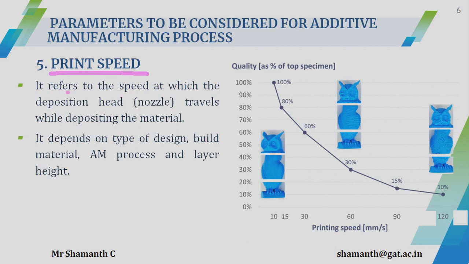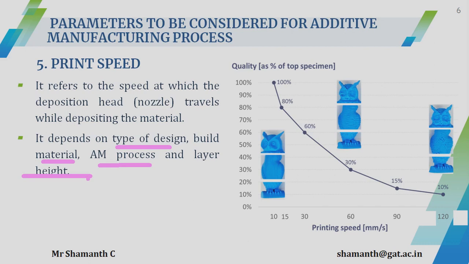Print speed refers to the speed at which the deposition head travels while depositing the material. The deposition head is nothing but the nozzle, and you need to specify at what speed the deposition head travels. This print speed always depends on the type of design, the build material, the additive manufacturing process that you are using, and the height of the layer.